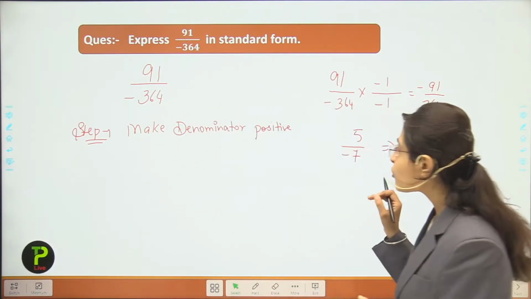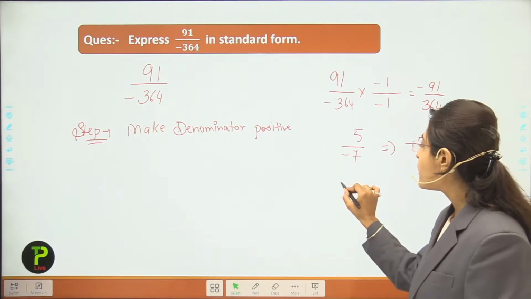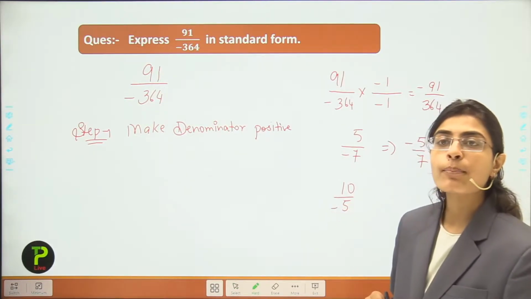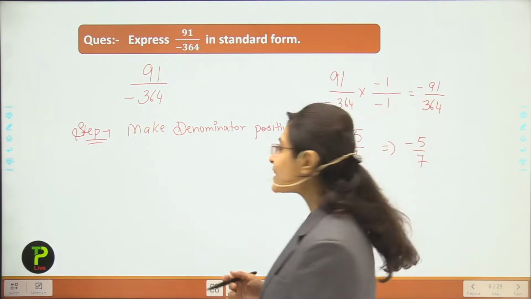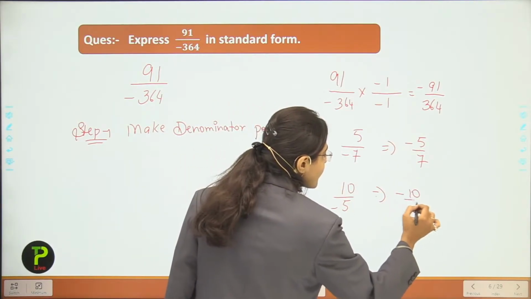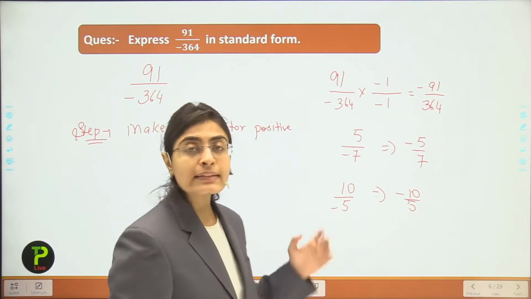So we have to do this step directly. Similarly, 10 by minus 5. I have to make this denominator positive, so I'll take this minus sign to the numerator and it will be minus 10 by 5. I hope this point is clear to you.